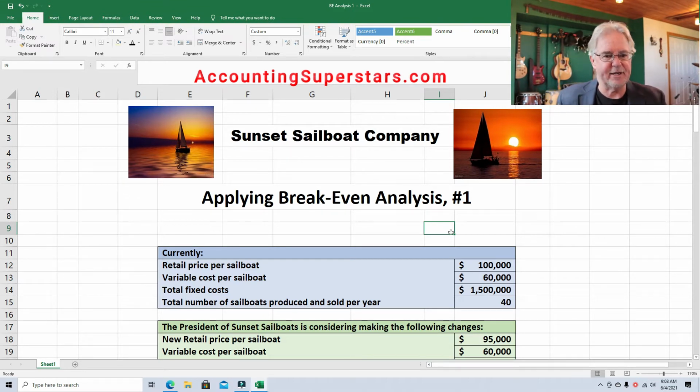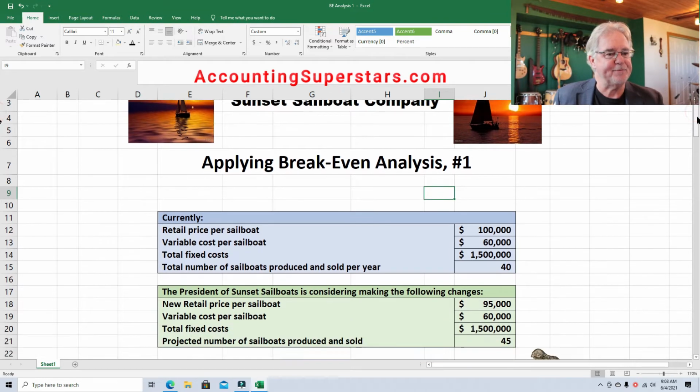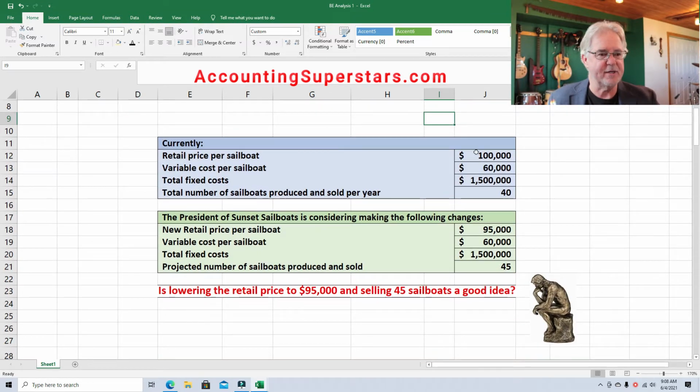So very easy here. So here's what's going on. Currently, the Sunset Sailboat Company is selling 40 sailboats, and they sell them for $100,000 each. Now, the president has got this idea. He's saying, hey, I've got a great idea, folks.